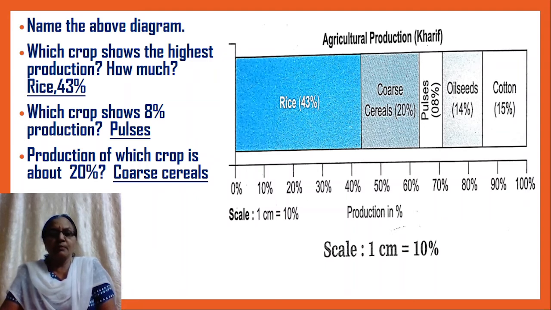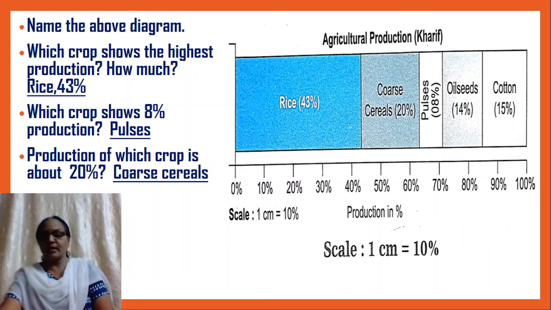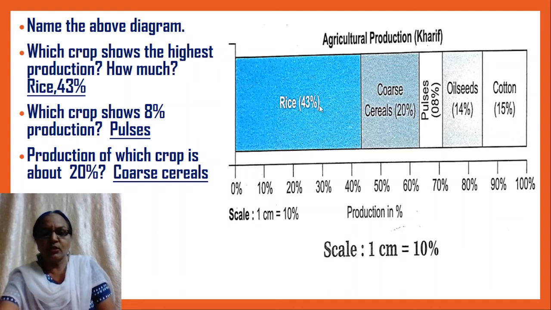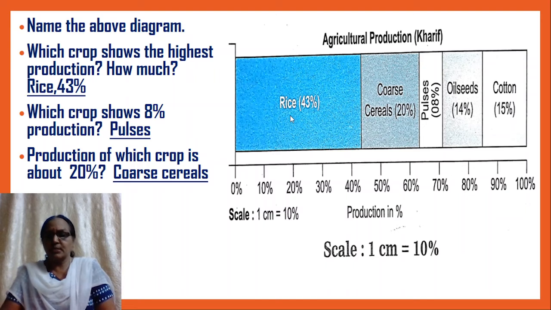So tell me, what is the production of rice? The production of rice is 43%. You can see that they are all direct questions. Which crop shows the highest production? It is rice. And how much is it? It is 43%.